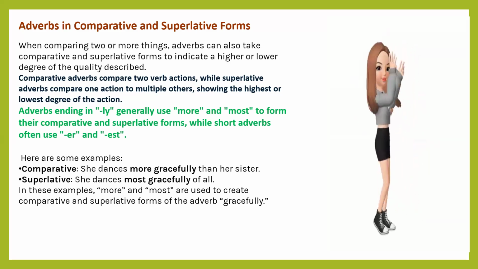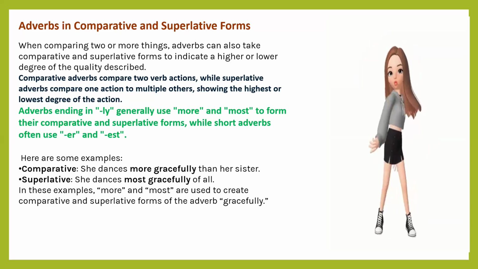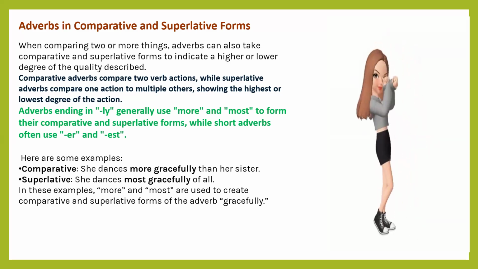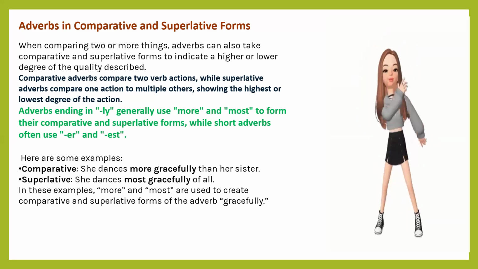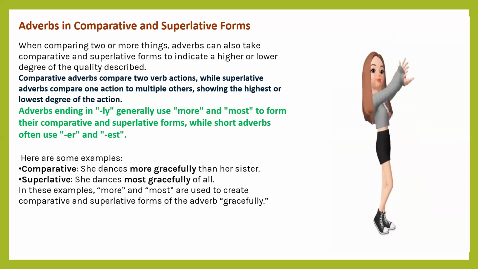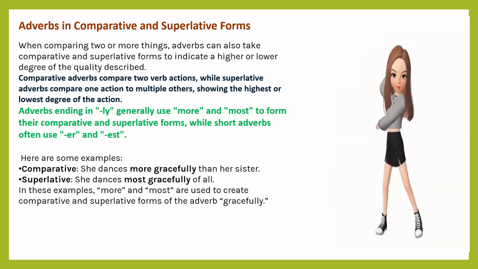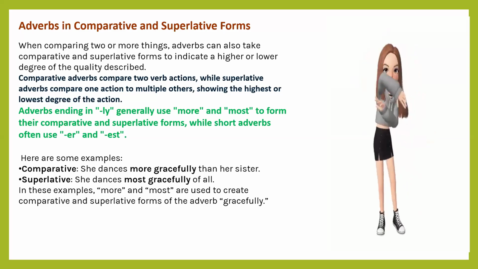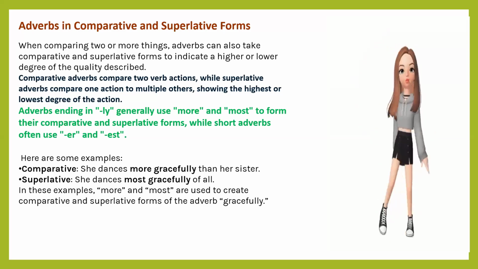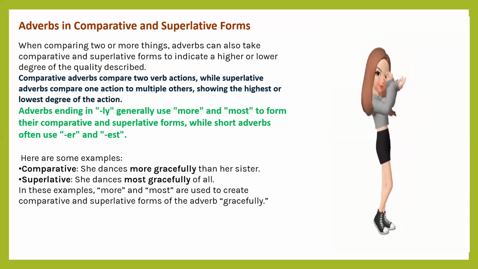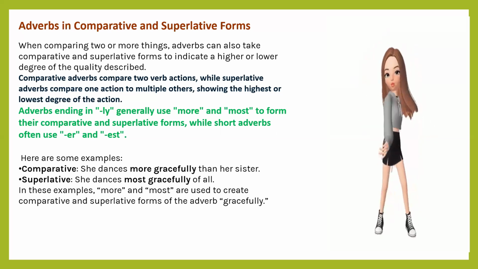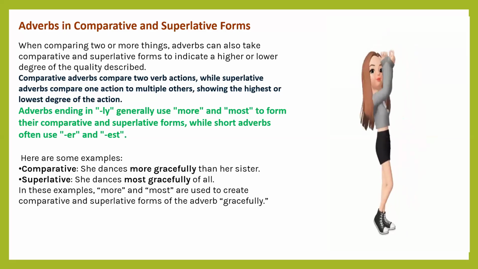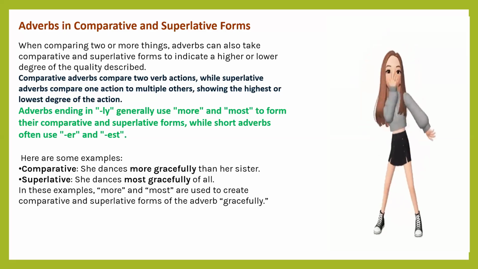So adverbs are also used in comparative and superlative forms like adjectives. Comparative adverbs compare two actions, while superlative adverbs compare one action to multiple others, showing the highest or lowest degree of the action.